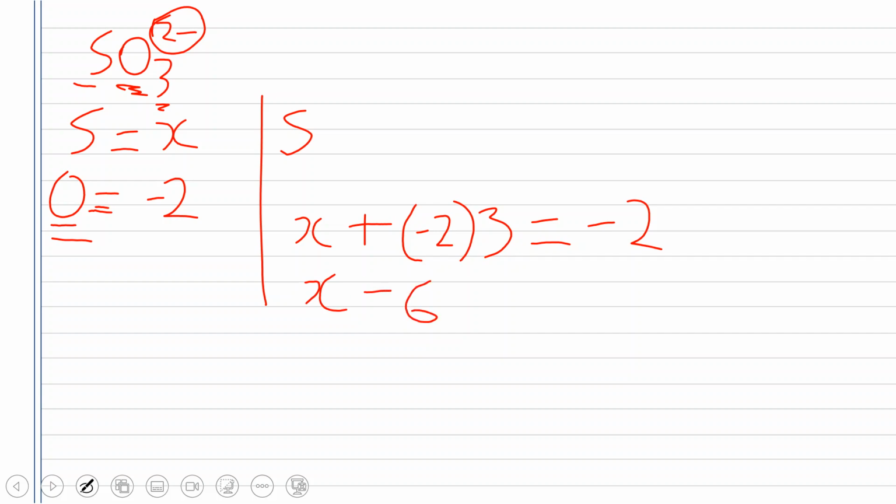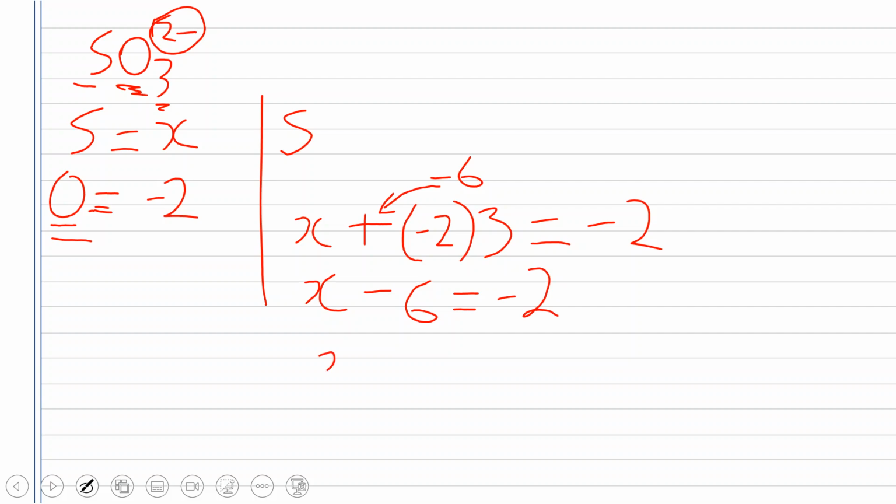If you don't know what is happening here, 2 times 3 gives you -6. Anytime you have minus coming into contact with plus, minus will always be more powerful than the plus. So we have x minus 6 equals -2. Do you see that?